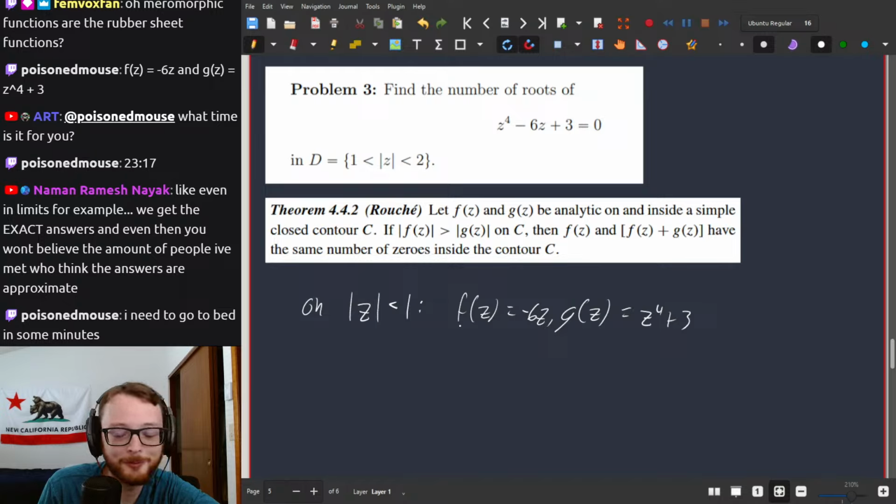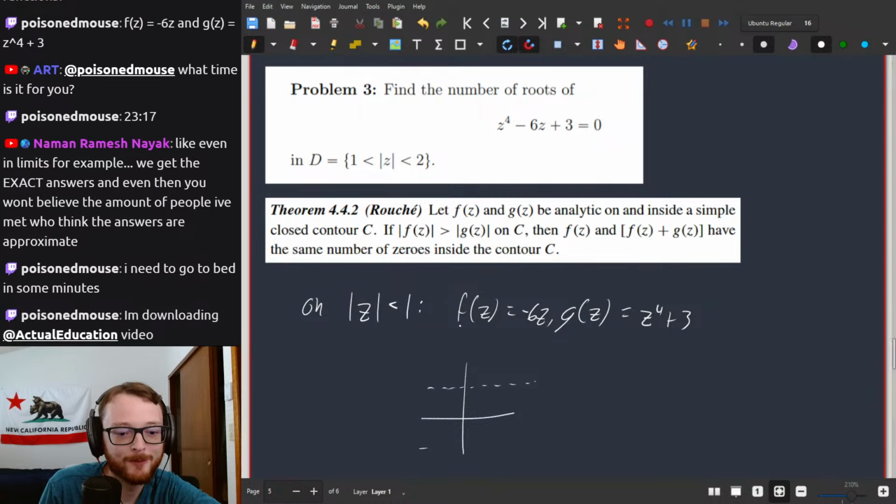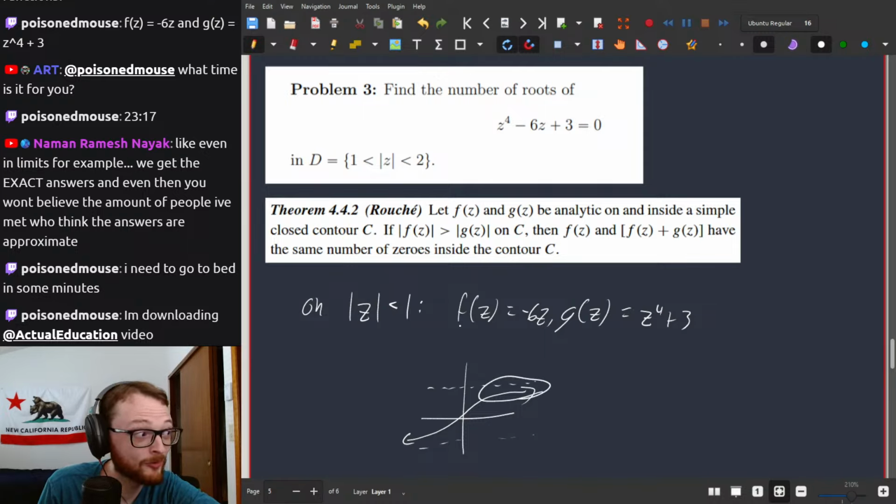Oh, really? Naman? That's funny. I mean, in a way it sort of is. You can have functions asymptotically approach a number. Like, if you have inverse tangent here, it'll approach pi over 2 up here, but never actually equal pi over 2.